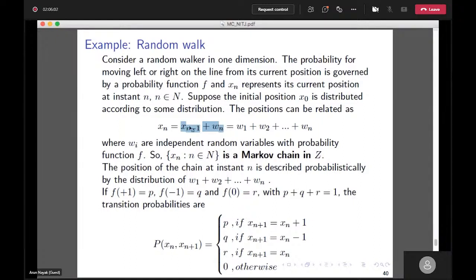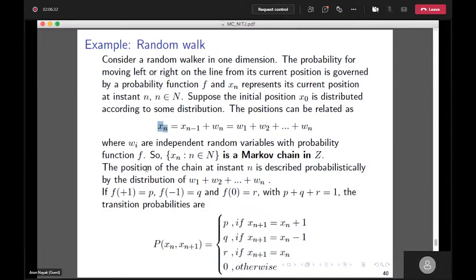Now we can write again Xn minus 1 will be Xn minus 2 plus omega n minus 1, and so on. So at the end we get the sum of all these numbers. Starting from 0 we end up with Xn as the sum of these numbers. All these Xn's will be a Markov chain.